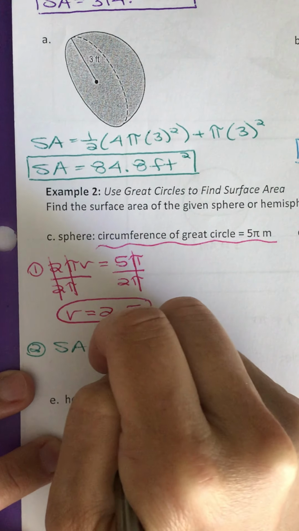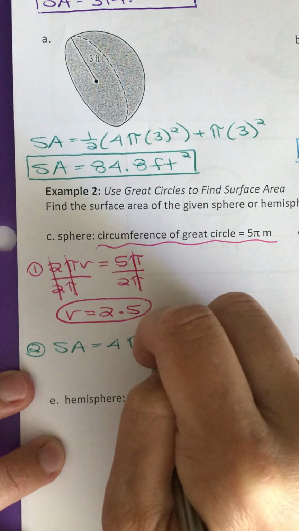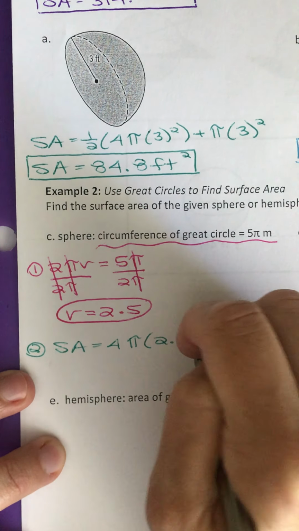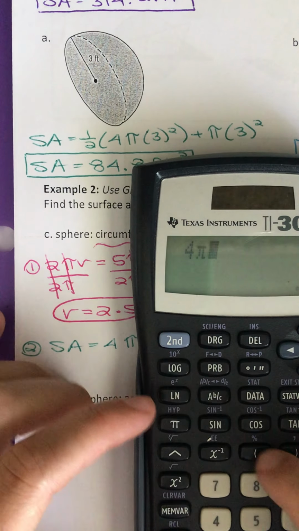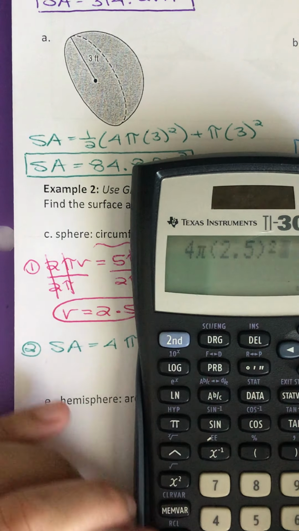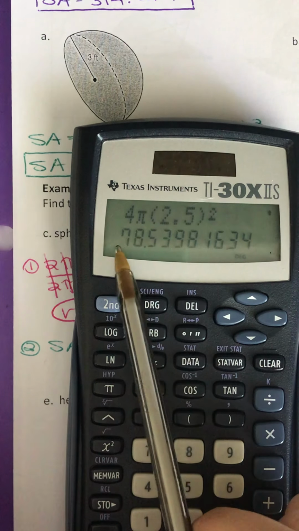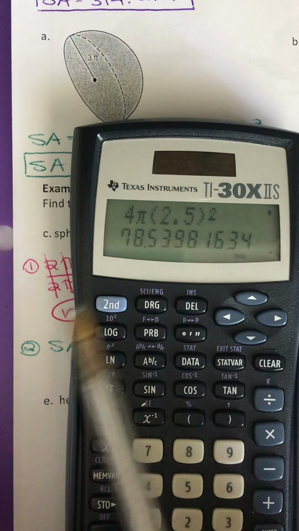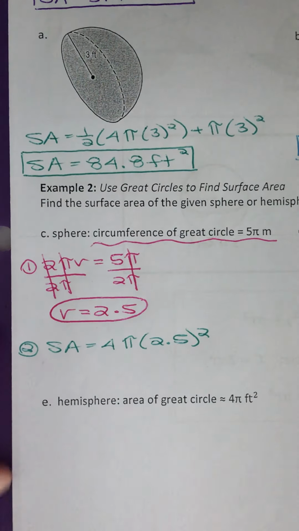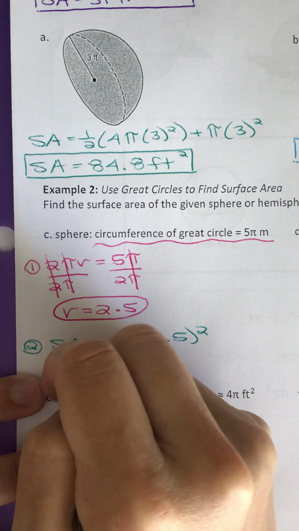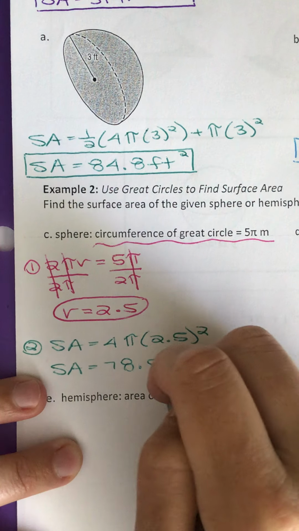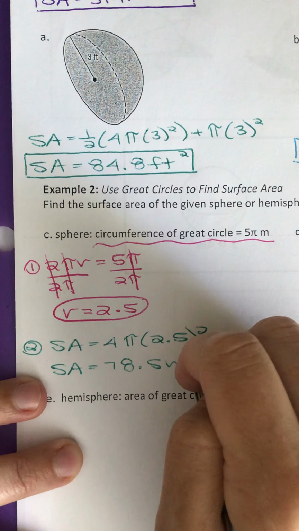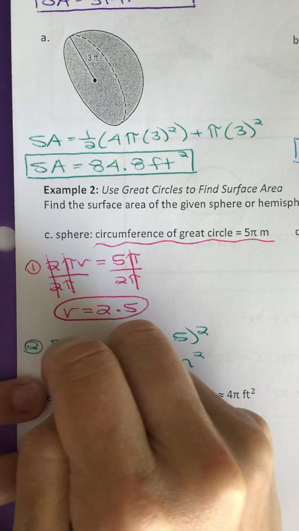Surface area equals 4 pi 2.5 squared. 4 pi 2.5 squared, and I get 78.5. And my units here is meters squared.